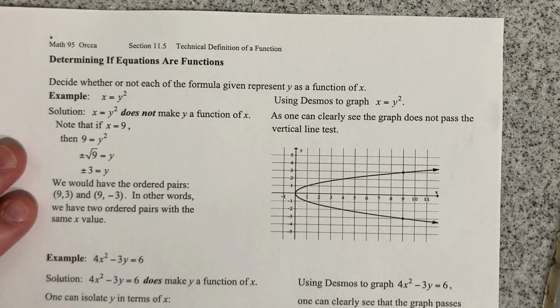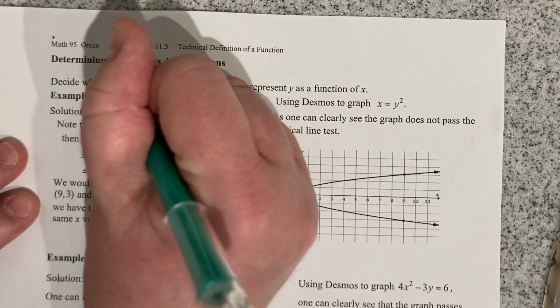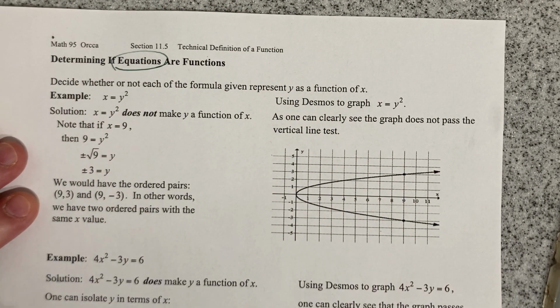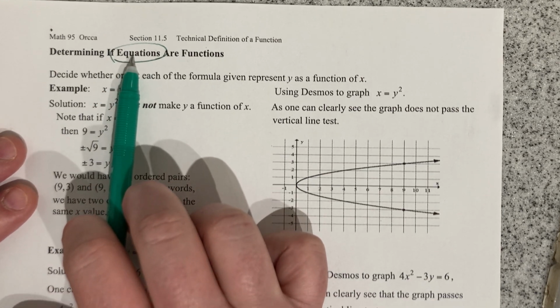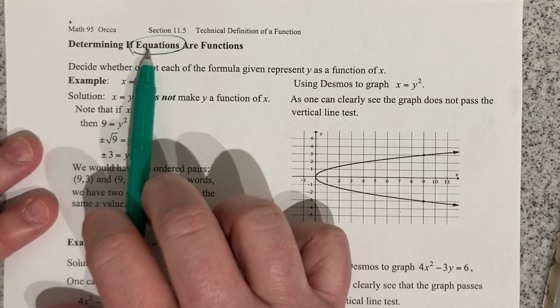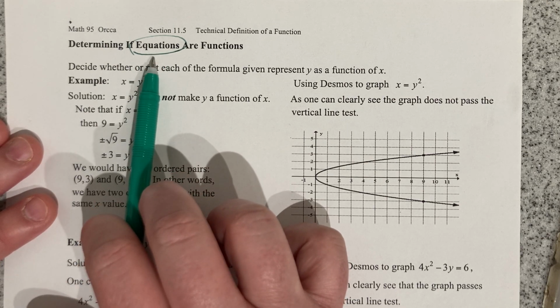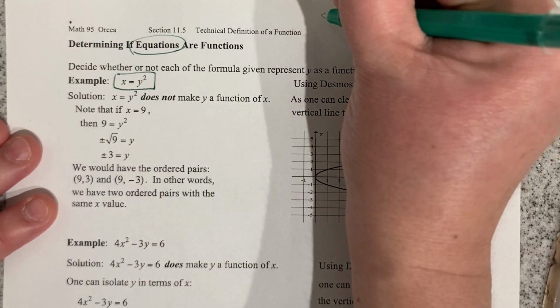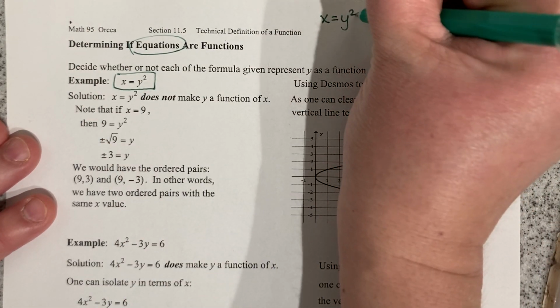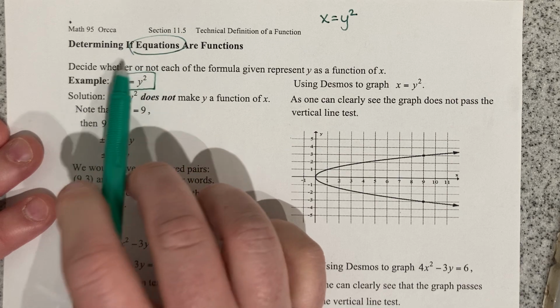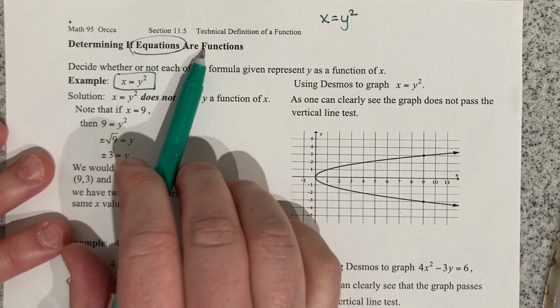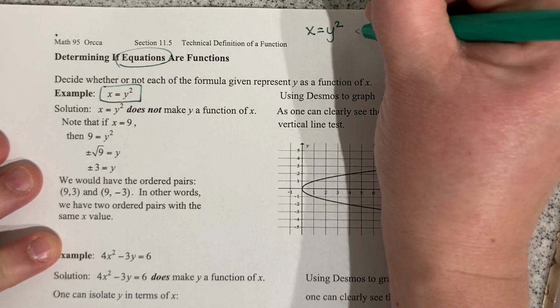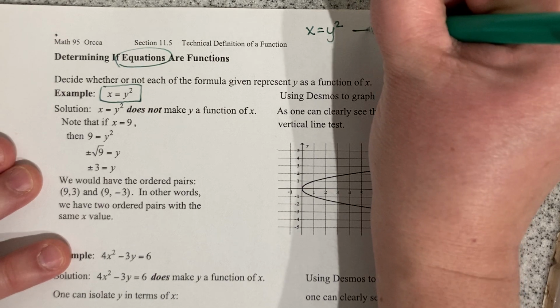All right, let's turn the page and look at this from equations. So we did a set of points, we did a graph, we did a table. The last way we might see a relation or a set of points is in an equation. So first example, x equals y squared. The real way to determine if an equation is a function is to see if we can solve for y.